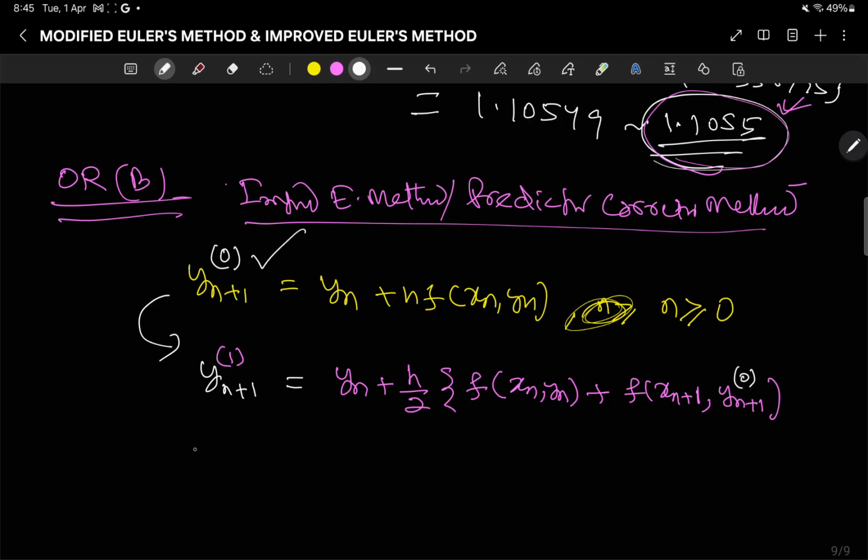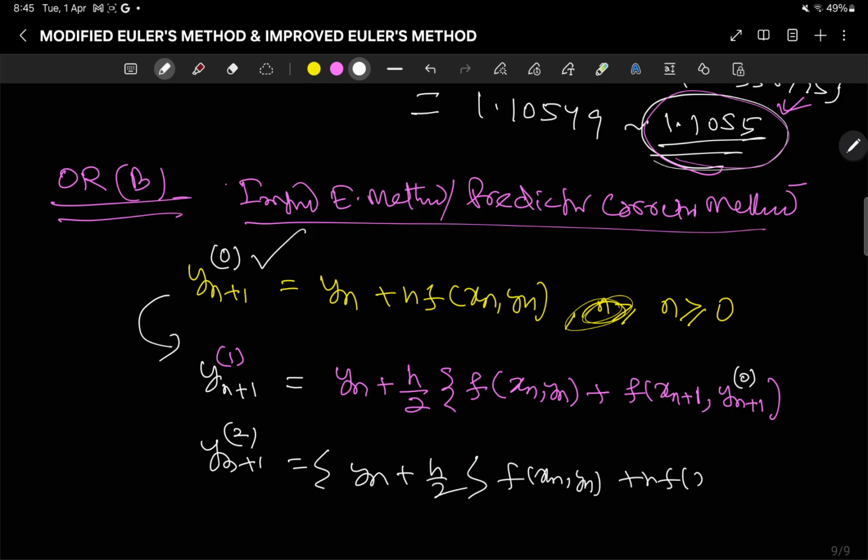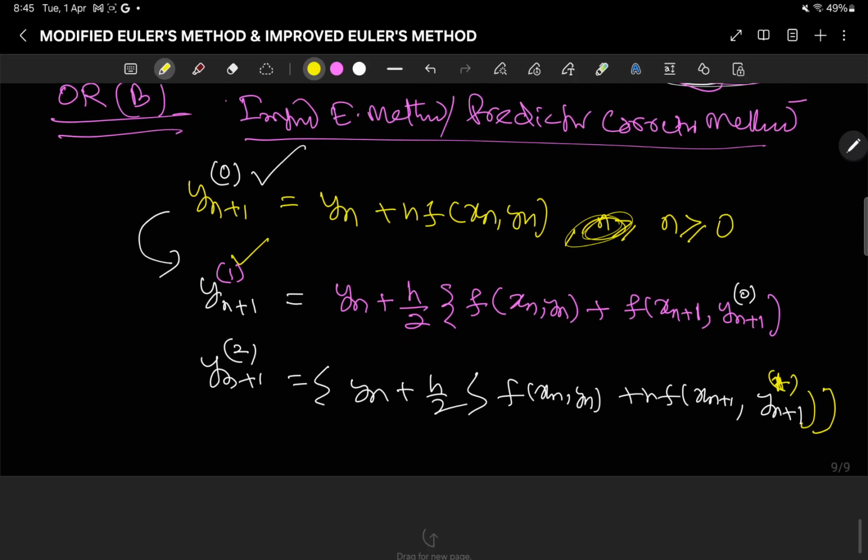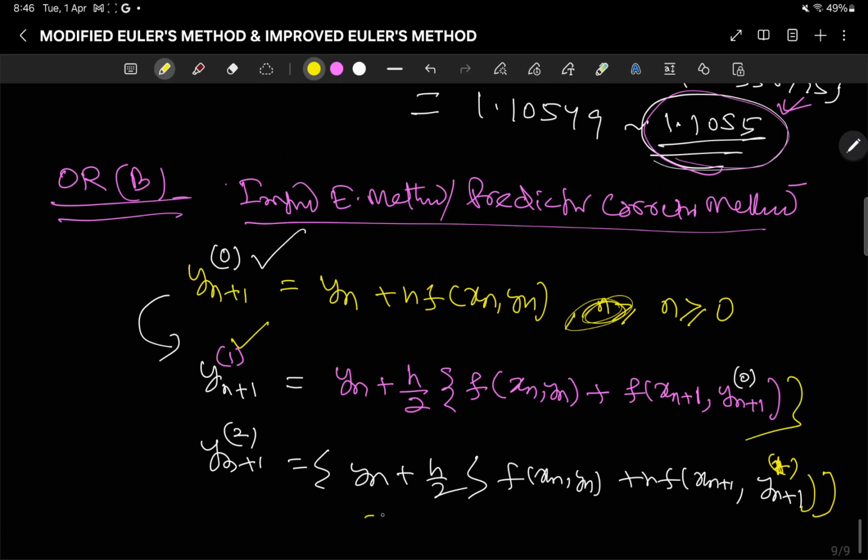The second correction is the same thing, yn plus h by 2 of f(xn, yn) plus f(xn+1, yn+1). This correction I have to take, and I continue it.